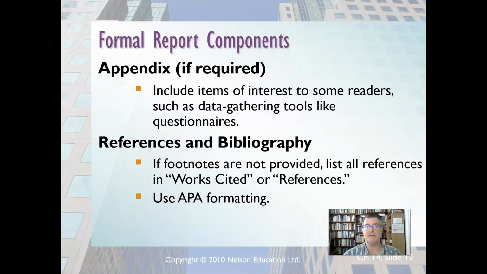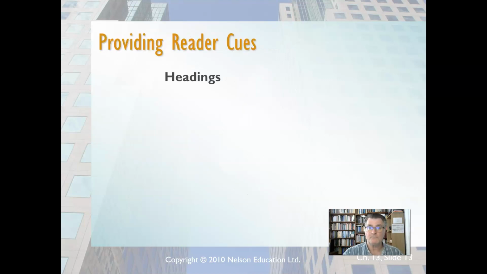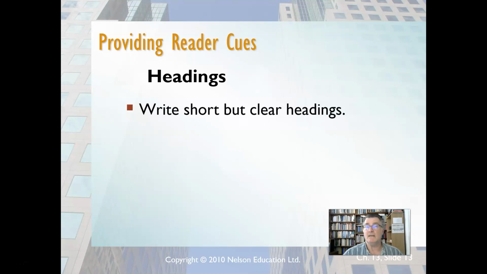In the body paragraphs, and they are in parentheses. So even though you do that, you still need to provide a works cited page, so the person reading it can see all of your citations, all of your sources in one place, rather than having to leaf through the whole thing.